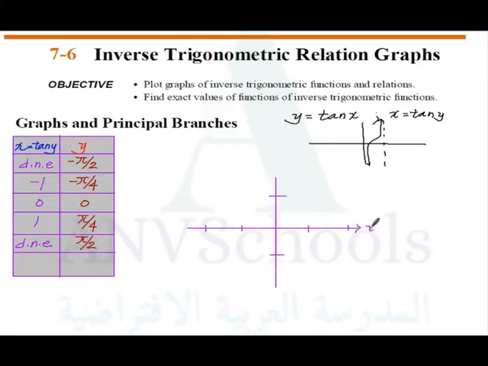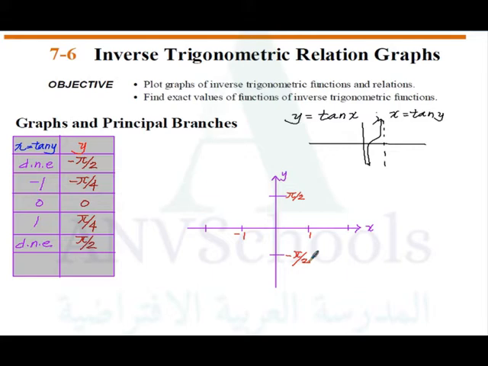This is the x-axis, of course. This is the y-axis. This is 1. This is negative 1. And let's say this is pi over 2. This is negative pi over 2.